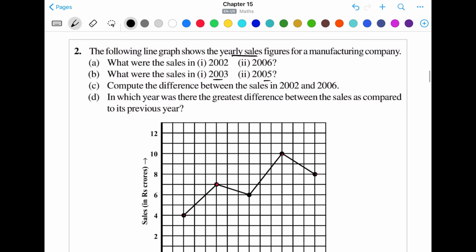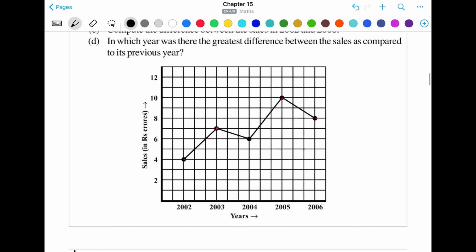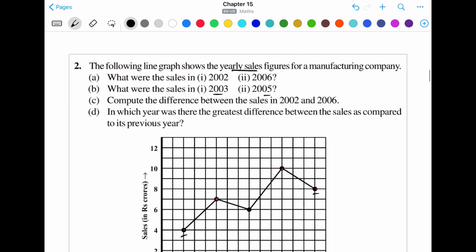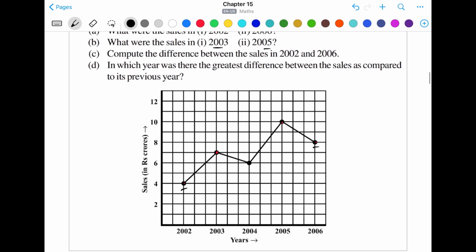Next question is, compute the difference between the sale in 2002 and 2006. So we have to calculate the difference in the sale between 2002 and 2006. In 2002 sale was this 4 crore, and in 2006 the sale is 8 crores.